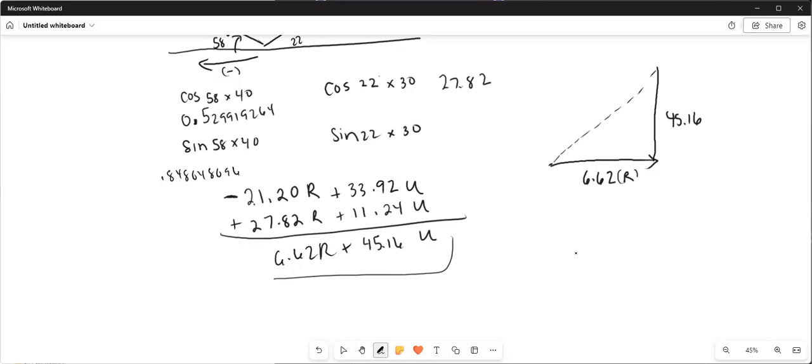Okay, so we can find the hypotenuse by squaring both of these and then taking the square root of their sum. So 45.16 squared plus 6.62 squared.